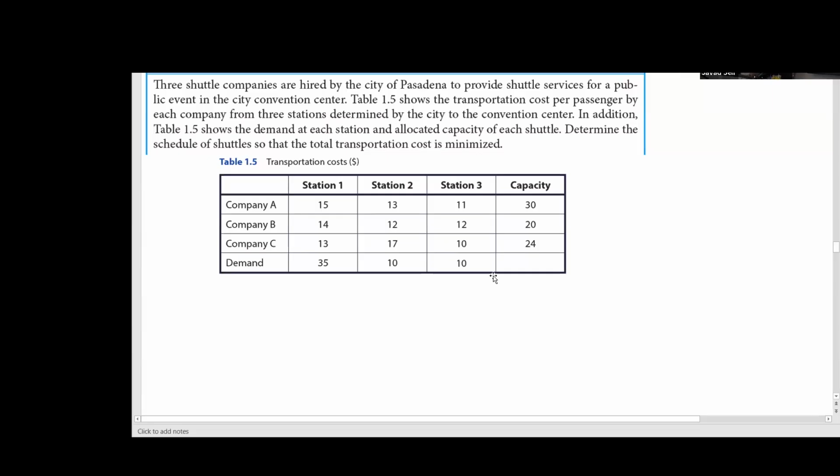There are many ways to do it. The number of people we have to move, that's something we know. We know that all of these people, we have to move them to the convention center. 35 people are waiting in station 1, 10 at station 2, 10 at station 3, and we need to move all of them to the convention center. What is it that's unknown?